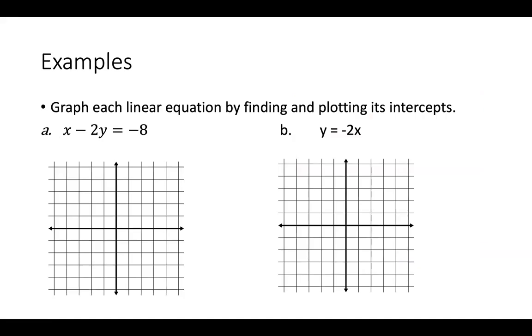All right, so in these next two examples, we're going to graph the linear equation by finding and plotting the intercepts. And I need to give you a heads up here. In the online homework, if they ask you to graph it using the intercepts, you have to graph it using the intercepts, otherwise it will mark it wrong.